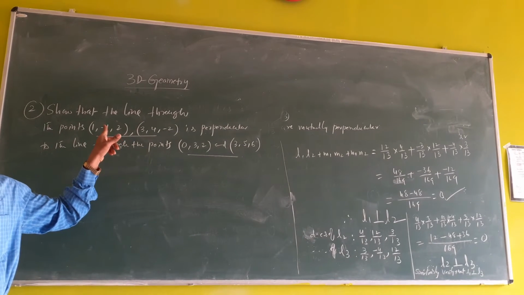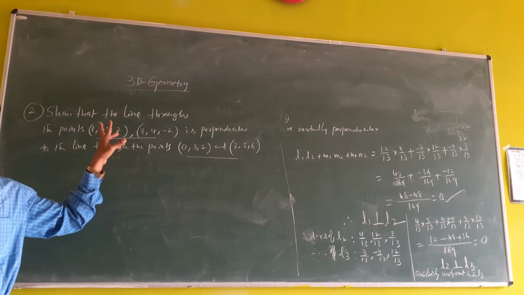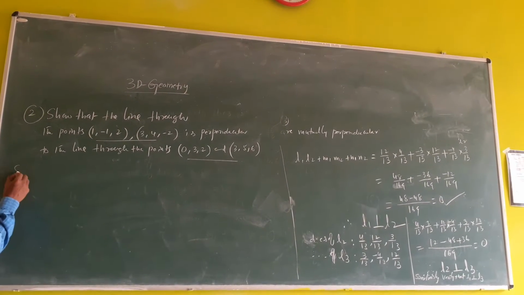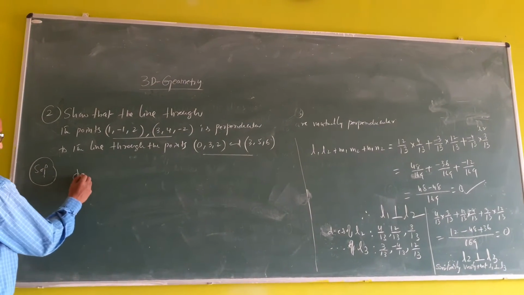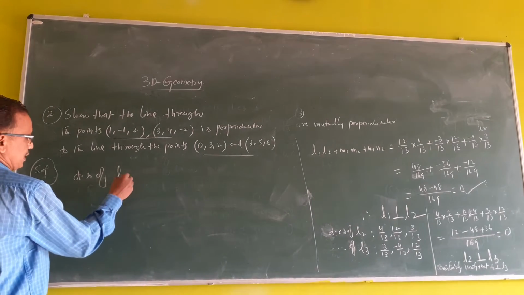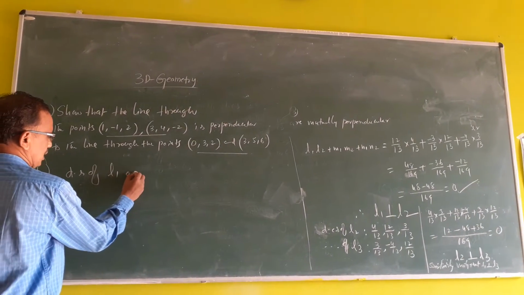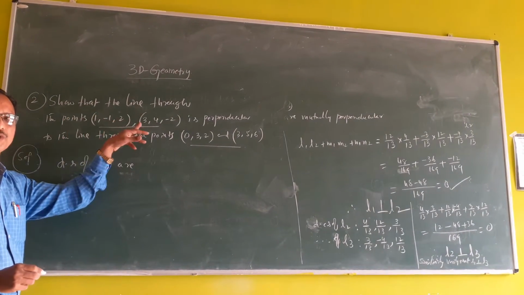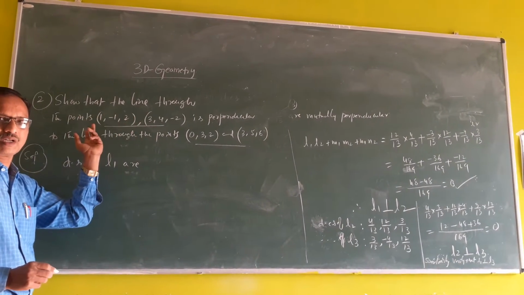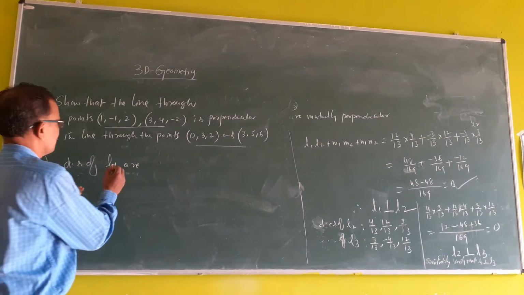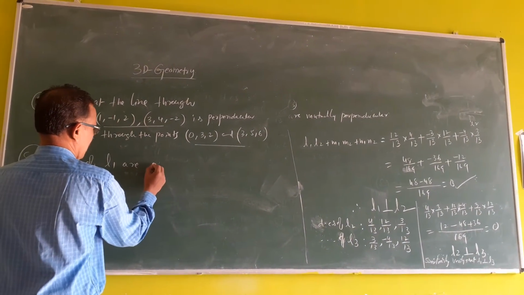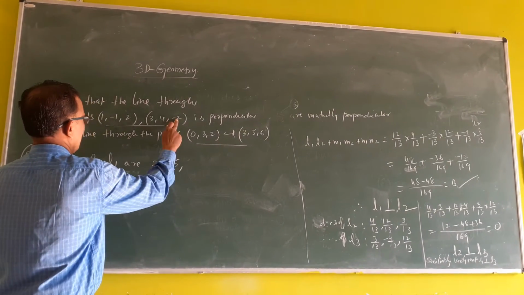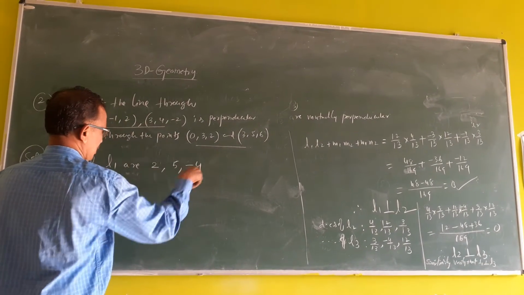Write the direction ratios of the first line: x2 minus x1, y2 minus y1, z2 minus z1. So 3 minus 1 is 2, 4 minus (-1) is 5, minus 2 minus 2 is minus 4.